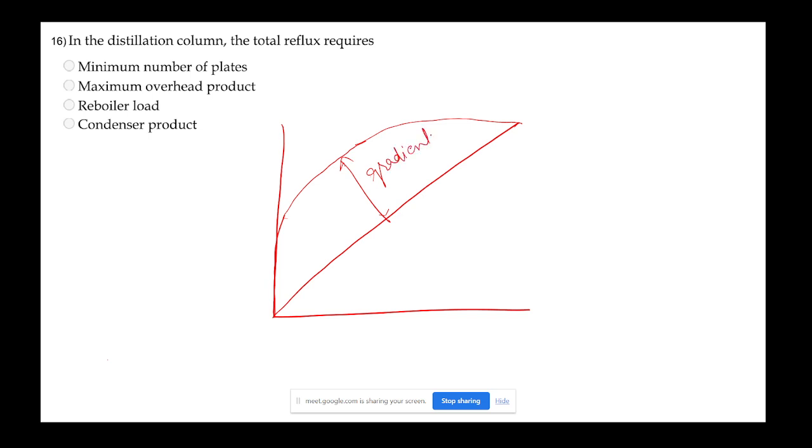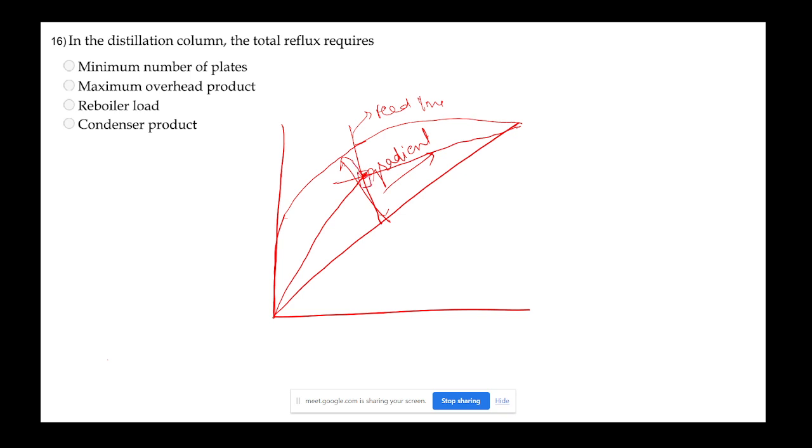The larger the gradient, the better separation you will have. Another option, like this is the feed line and this is the distillate. So this is the intersection point.